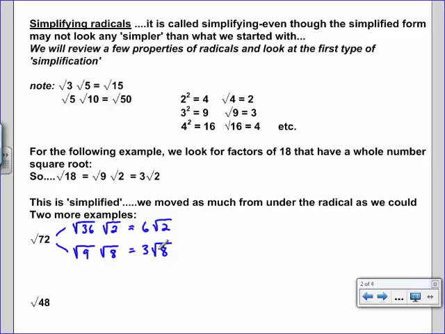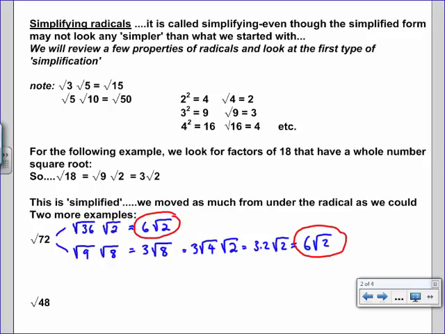However, you have to look at this 8 and see if you can simplify this further, and 4 is a factor of 8, so we could break this into 3 times the square root of 4 times the square root of 2, which is equal to 3 times 2 times the square root of 2, which is equal to 6 times the square root of 2. So no matter which way you did it, you still come up with the most simplified form, 6 times the square root of 2.